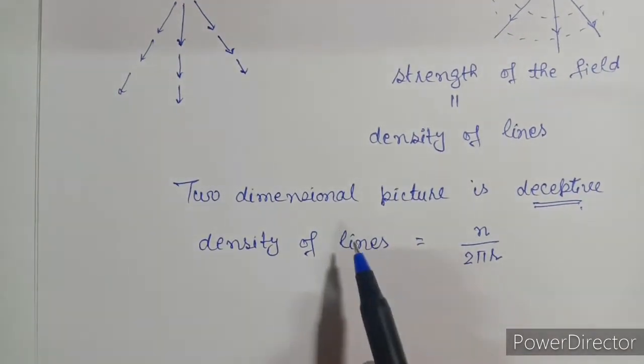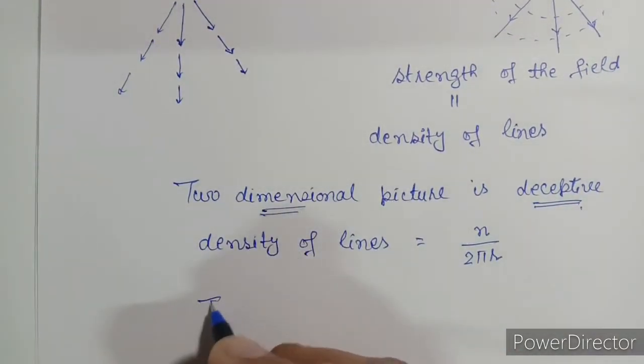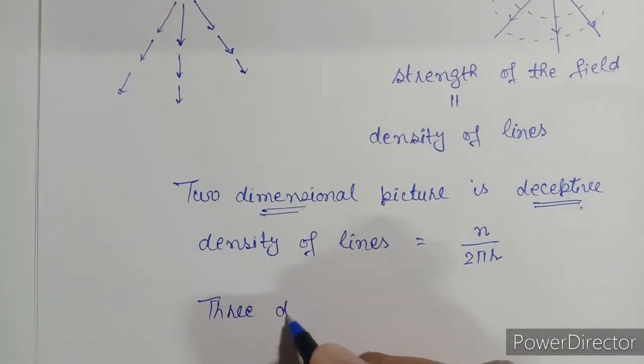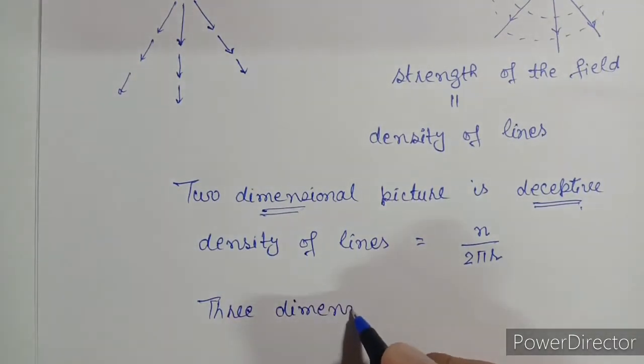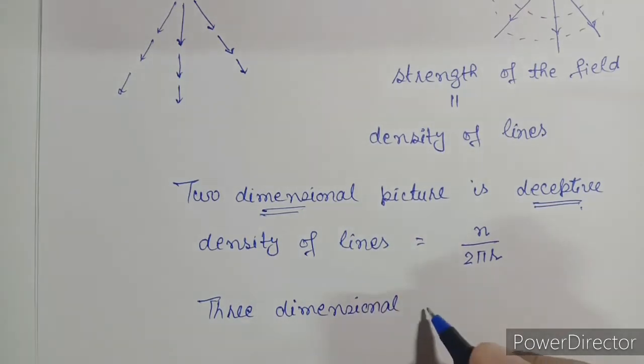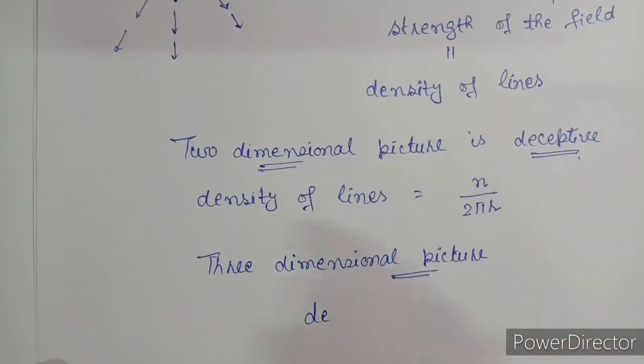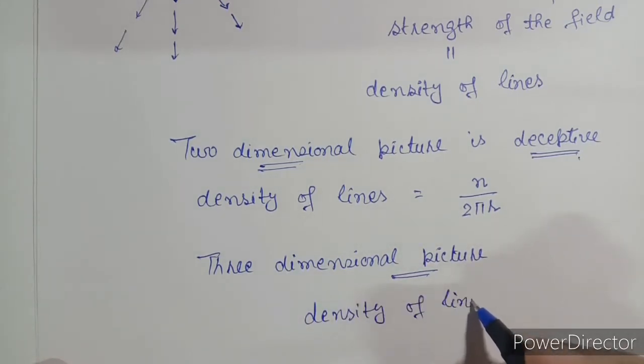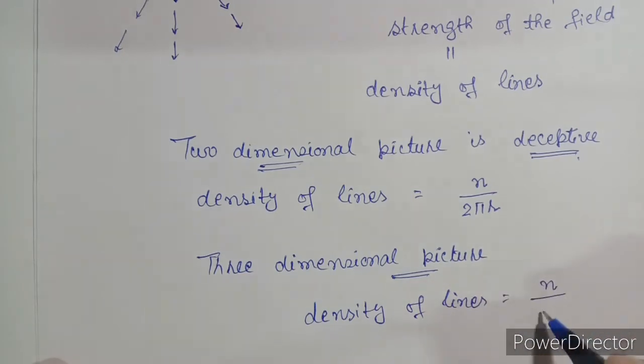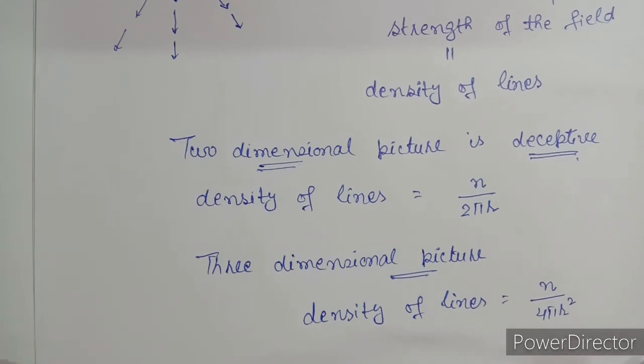So in place of a two-dimensional picture we require a three-dimensional picture. That is, we have a spherical ball. Then in the case of the three-dimensional picture, the density of lines is equal to the number of lines per 4 pi r square, that is the area of the sphere.